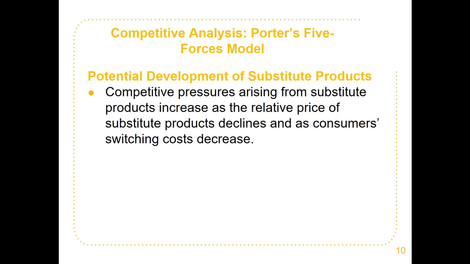The presence of substitute products puts a ceiling on the price that can be charged before consumers will switch to the substitute product. So price ceilings equate to profit ceilings and more intense competition among rivals.